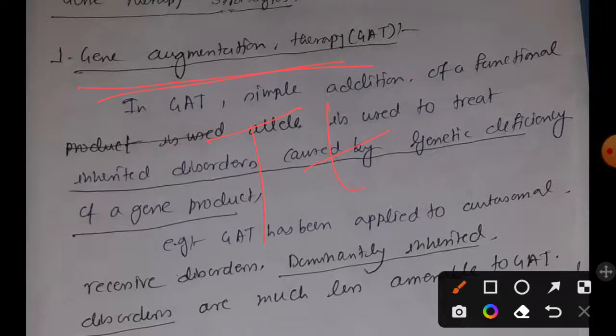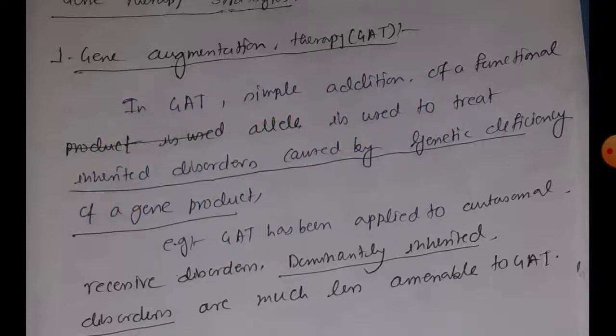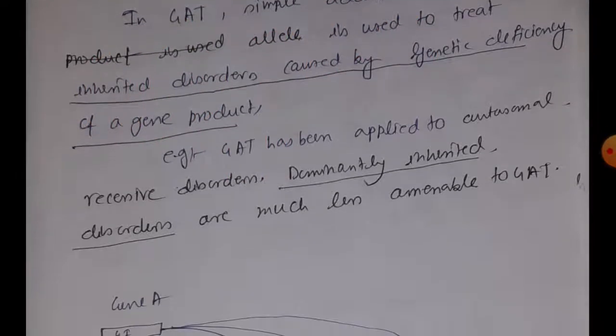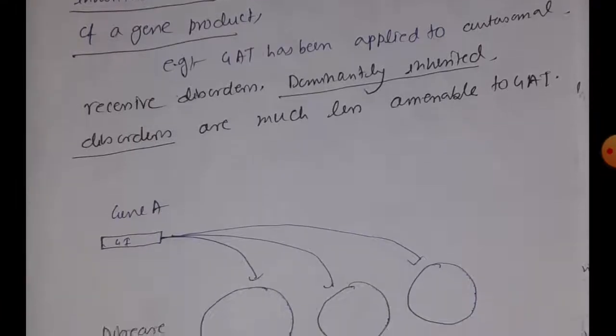According to the Mendelian principle, the capital T will be expressed, and the expression of the small t will be masked. That is how GAT helps us treat autosomal recessive disorders, by simply adding a functional allele.